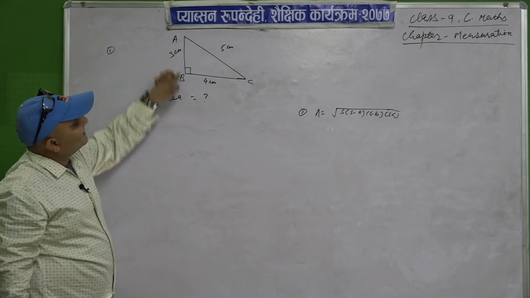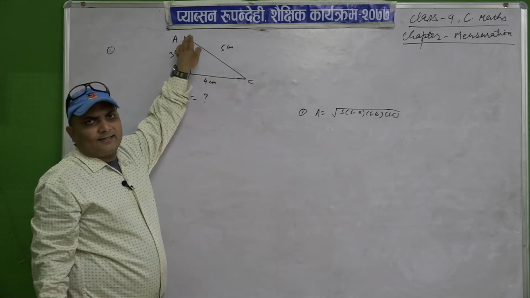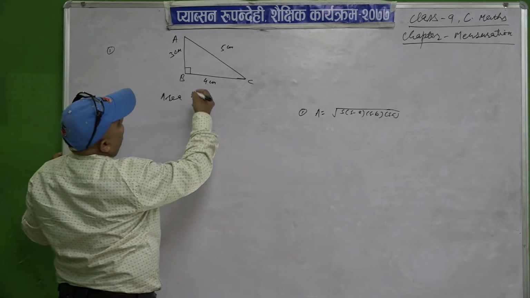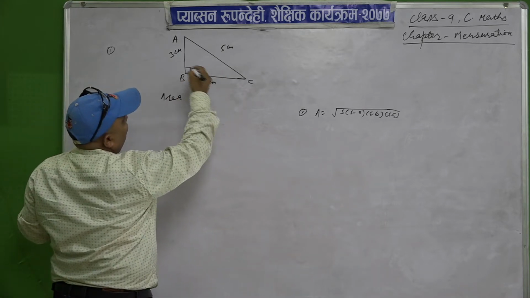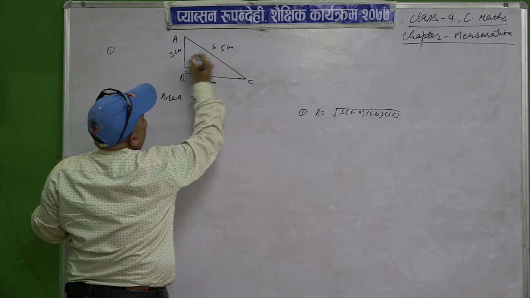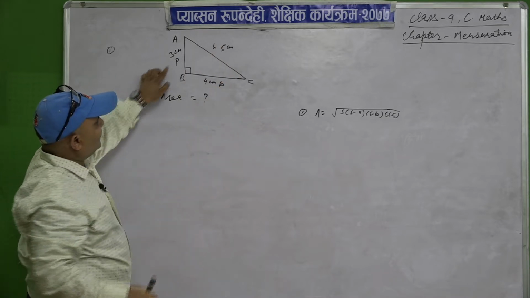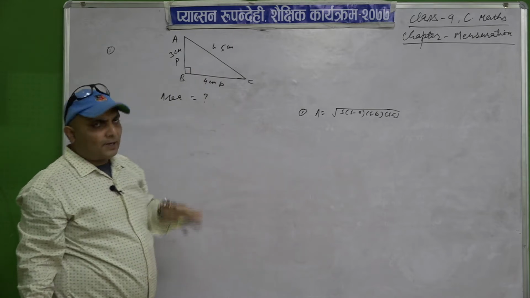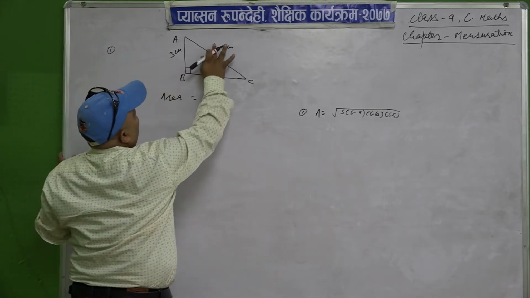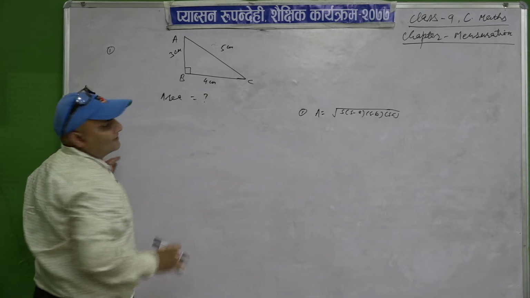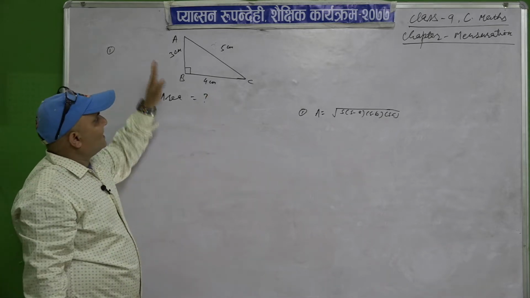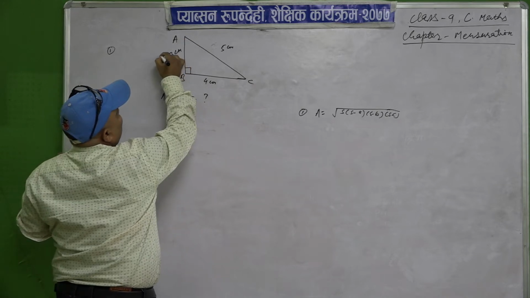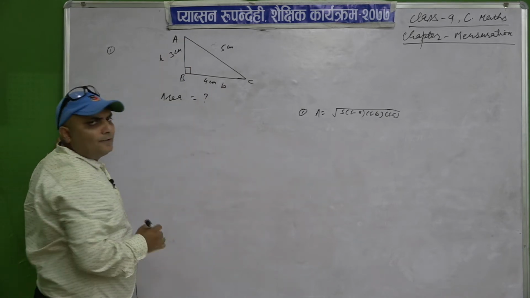Now see, this is a right angle triangle. In a right angle triangle, I have told you that on the basis of hypotenuse, perpendicular and base, this line will be perpendicular, this line will be base and this line will be hypotenuse. But when we discuss base and height of this triangle, this line will be height and this line will be base.